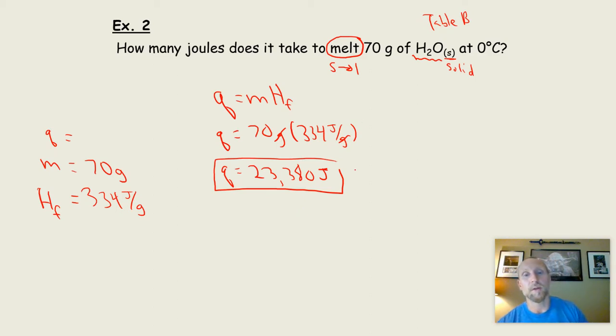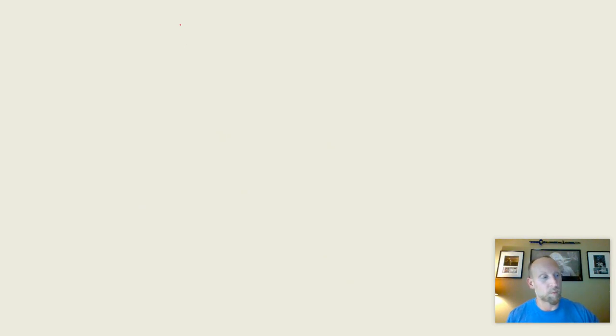Now, what if I wanted to take those joules and convert them to kilojoules? Let's think about what that means. Let's move that to another page. We got 23,380 joules, and we want to convert that to kilojoules. Kilo means 1,000.